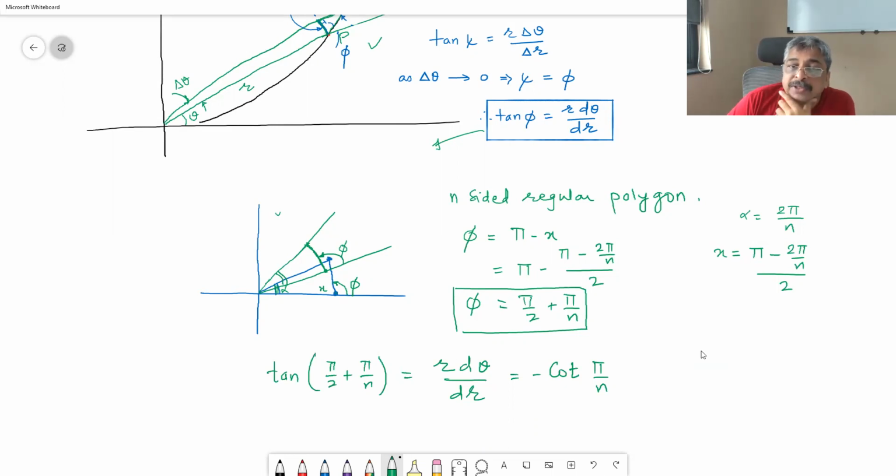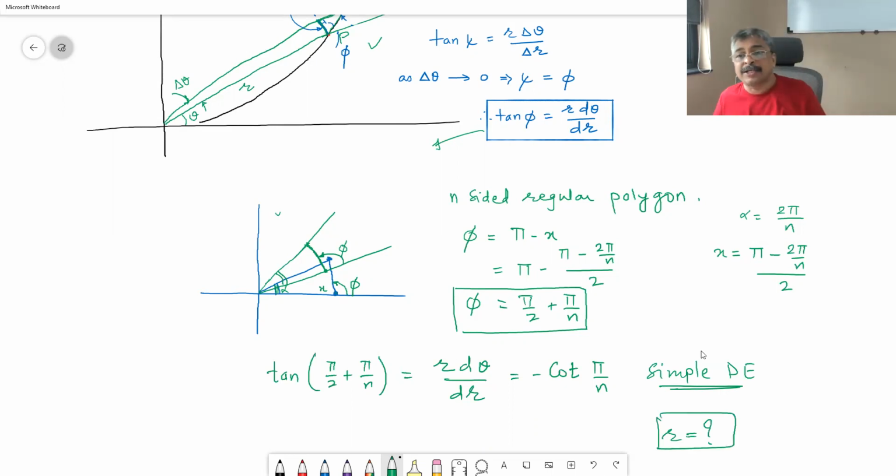And this is a simple differential equation to solve. Solve and get r is equal to what? That is your generalized result. And we can put that generalization n is equal to 4. We should get our original equation.